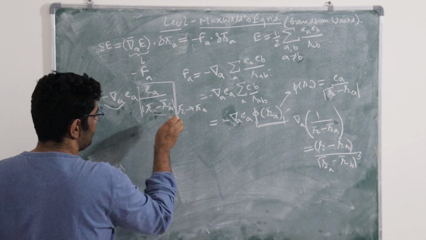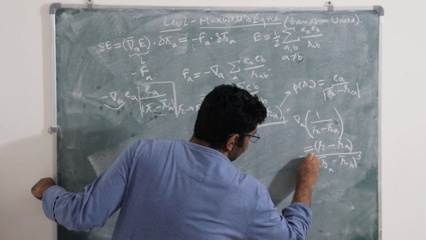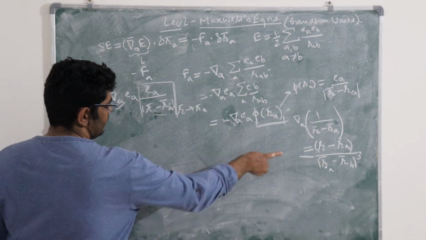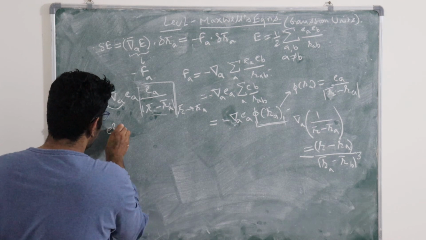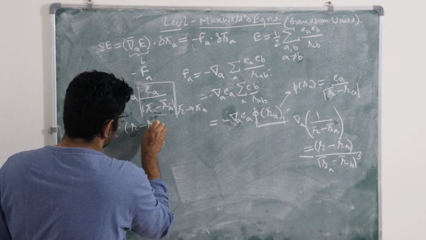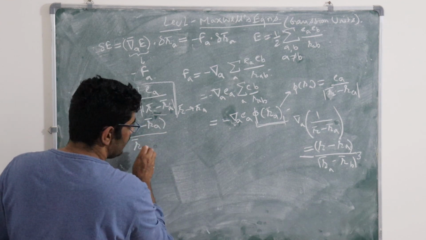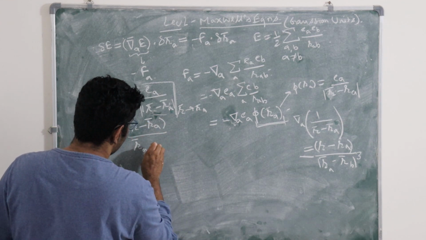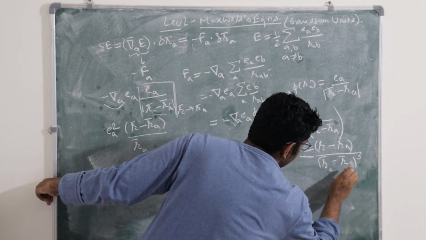I took the gradient with respect to A of this term, and since I have the minus sign already, minus cancels. One minus here and a minus here, it cancels. So what I have now is EA squared times R minus RA divided by R minus RA cubed. Sorry, I think I wrote it wrong.